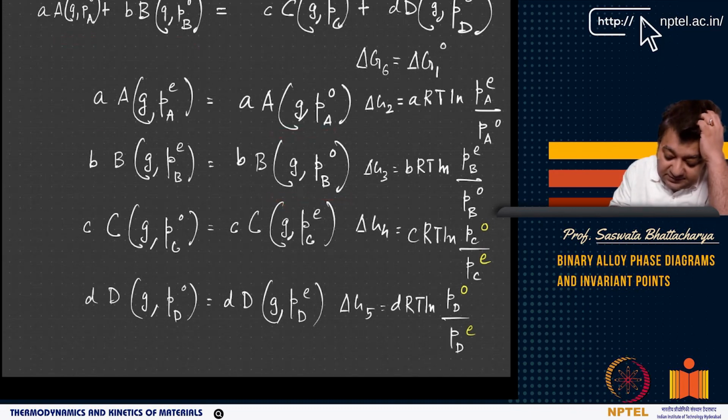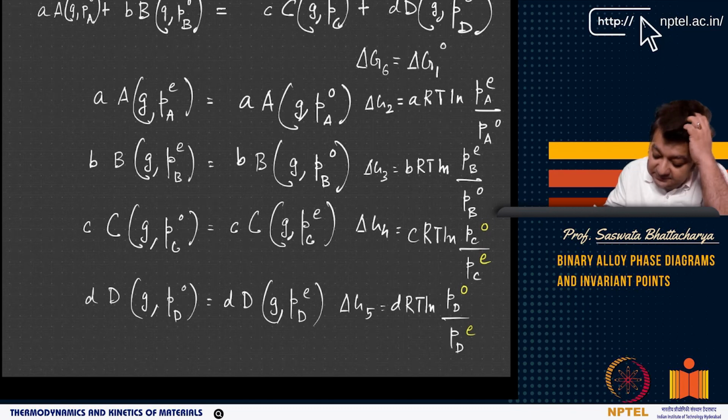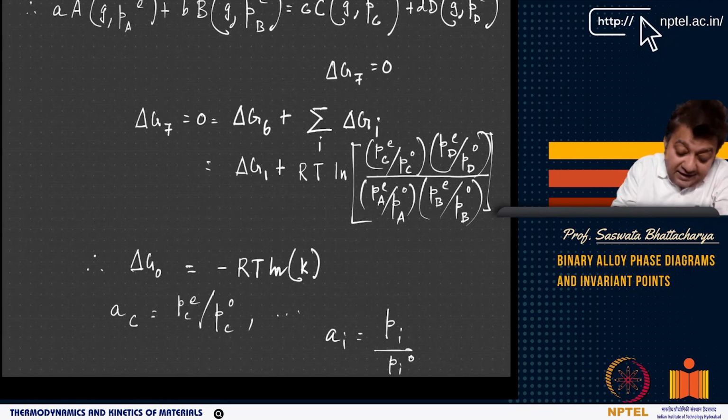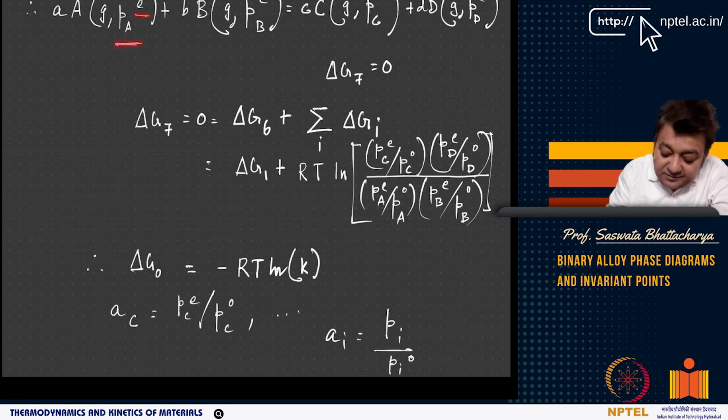Similarly, on the right hand side, these will cancel out. As a result, what you see is A reacting with B again in the vapor phase, but now you have the partial pressure of A at equilibrium, of B at equilibrium, of C at equilibrium and of D at equilibrium, so that the total pressure is 1 atmosphere.